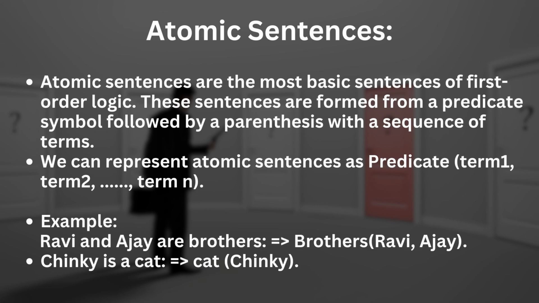So, in these examples brother and cat are predicate symbols, while Ravi, Ajay and Chinky are terms representing specific individuals or objects. Atomic sentences allow us to encode simple relationships and properties in a structured way within first order logic.